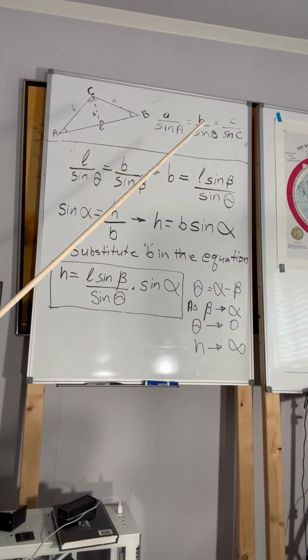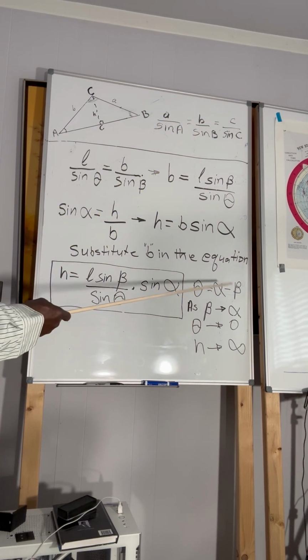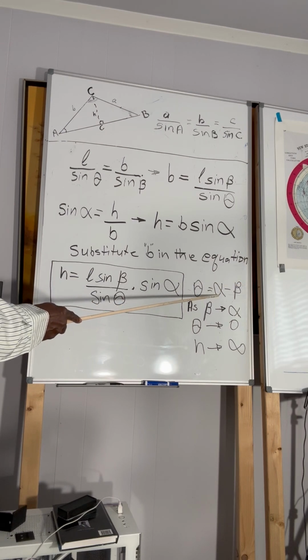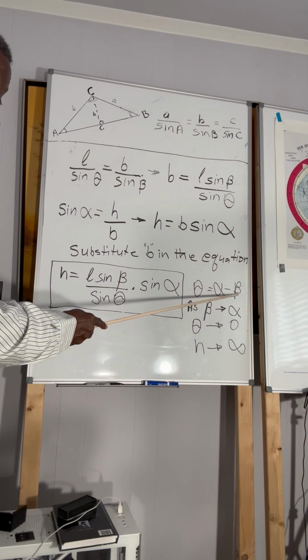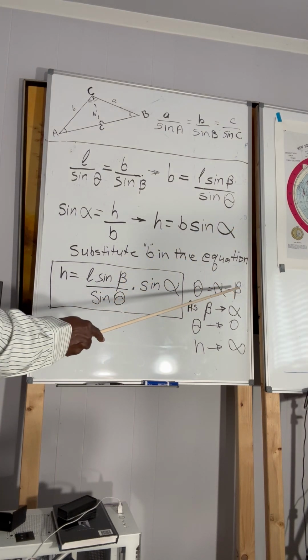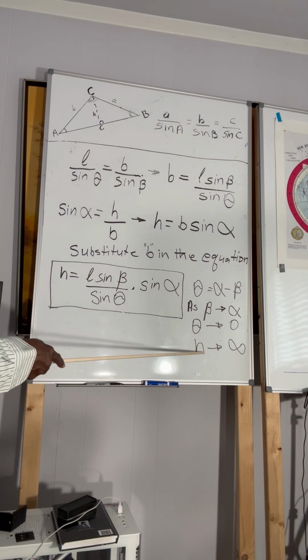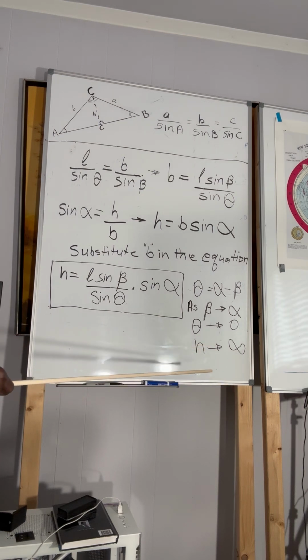In other words, this is sextant 1 for this angle, and this is sextant 2 for this angle. When they are almost parallel, then H, which is the height of the sun, approaches infinity.